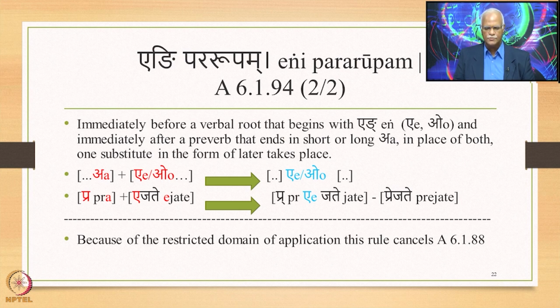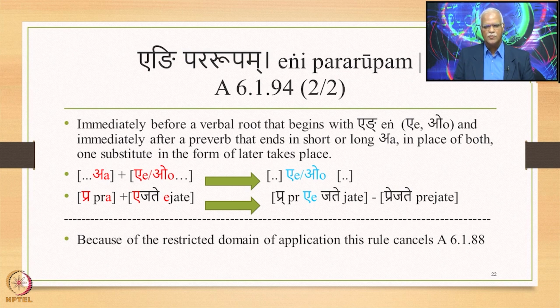This is the substitute. Now to put it in the form of an equation, we have, this is the bracket indicating that this is a preverb and this is the verbal root. This preverb ends in a and this verbal root begins with either a or o. Then in such a case we have the output generated.